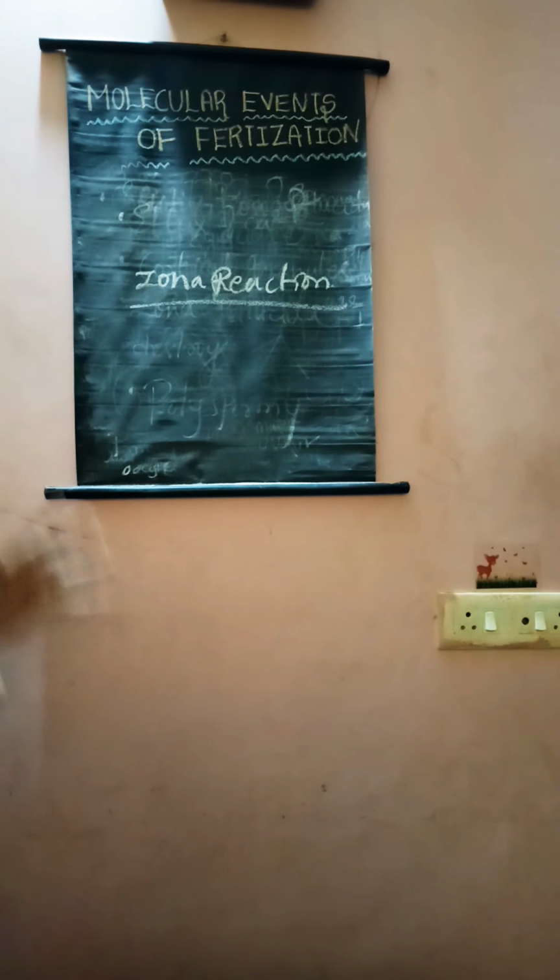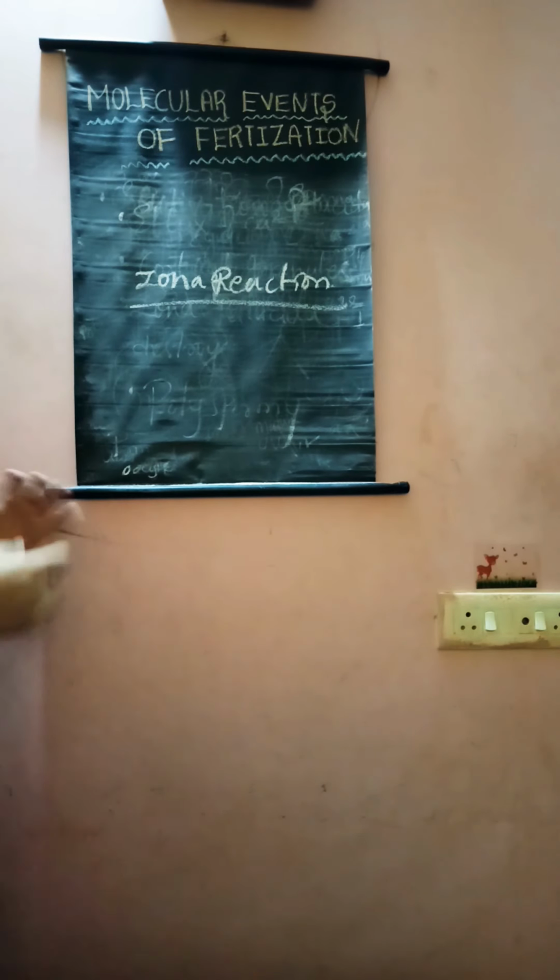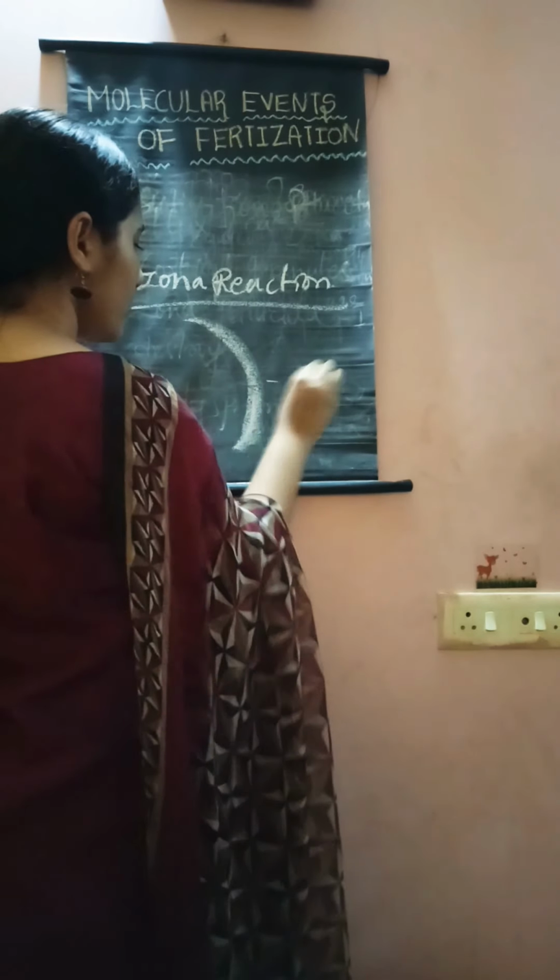Now the cause is done and no more fusion of any sperm has to take place. So the zona pellucida layer, which was permeable to sperm, will become more hardened so that no sperm will come and fuse with the zona pellucida. If it is trying to fuse also, it will get reverted back. No sperm can fuse with the zona pellucida layer. This is known as zona reaction.